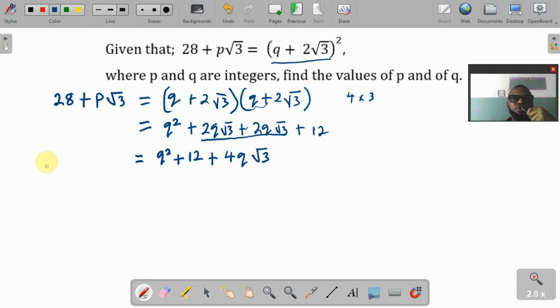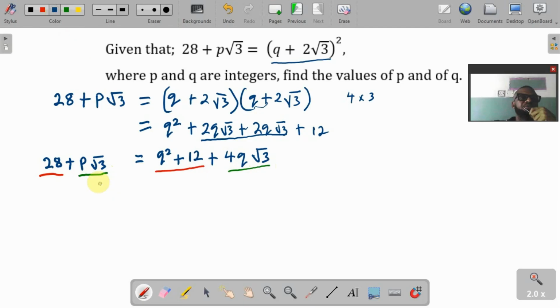Then this is equivalent to 28 plus P√3. Now we begin to compare. We are going to compare 28 with Q squared plus 12 because they don't have any surd attached to them. Then we're also going to compare P√3 to 4Q√3.